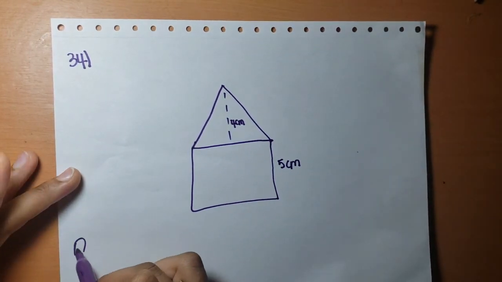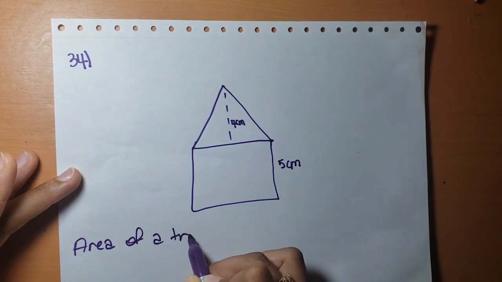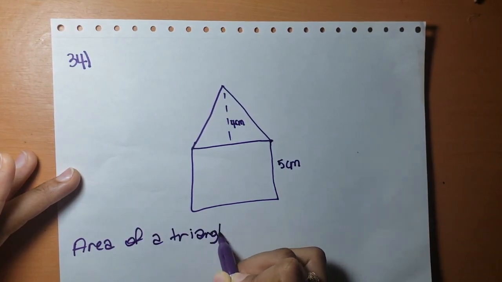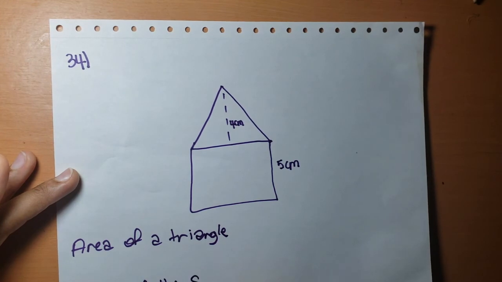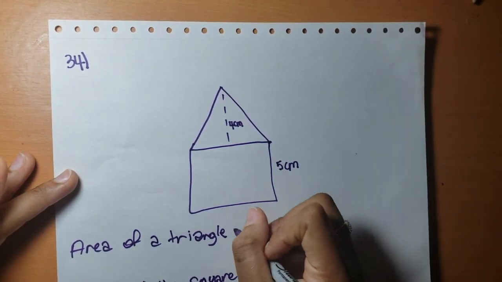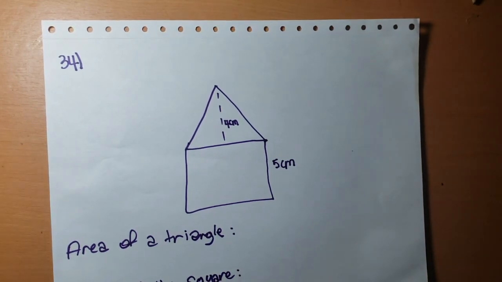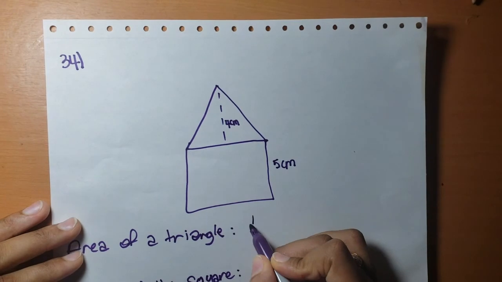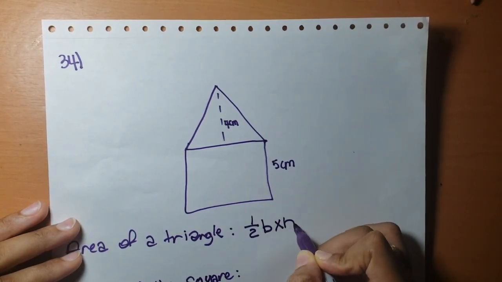So what we're doing is we're going to find the area of the triangle and then we're going to find the area of the square. Apologies for my writing, I am not the best at it. So the formula for the area of a triangle is equal to half base times height.